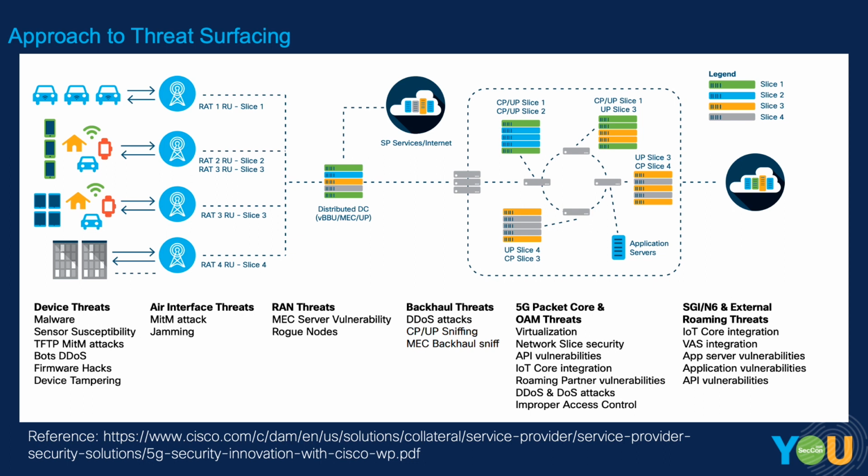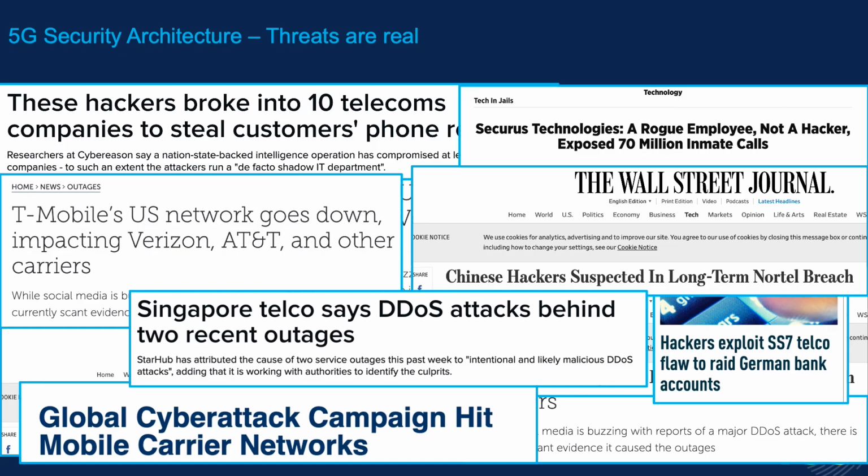We can't get into each of these in detail with the time that we have, but at a very high level, DDoS is the one that is expected to grow with 5G because of IoT, along with man-in-the-middle attacks and so forth. If you go through a lot of the news items that come out, you will see that these are real. It's not just on paper.